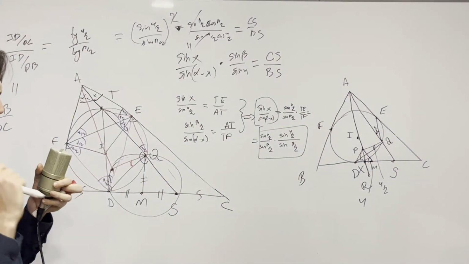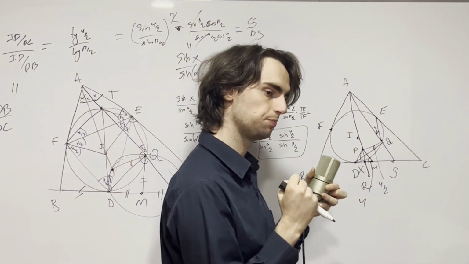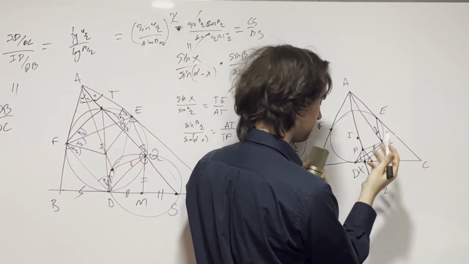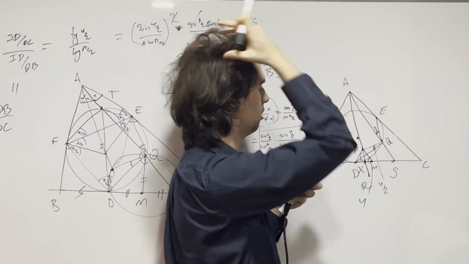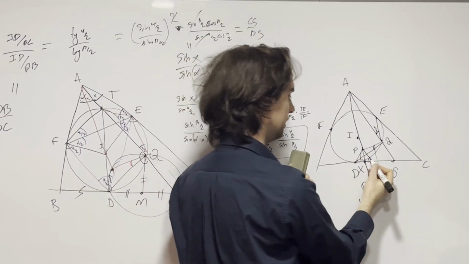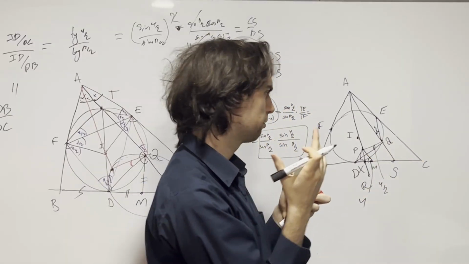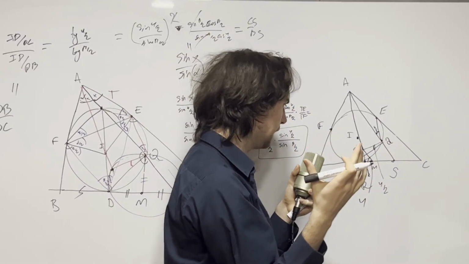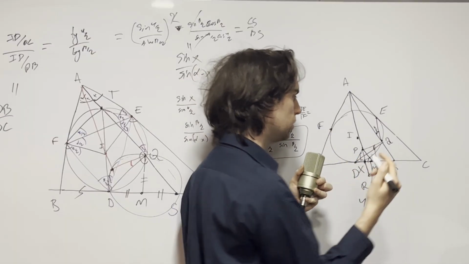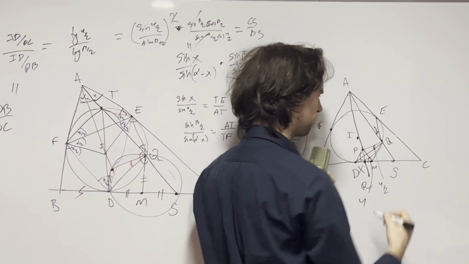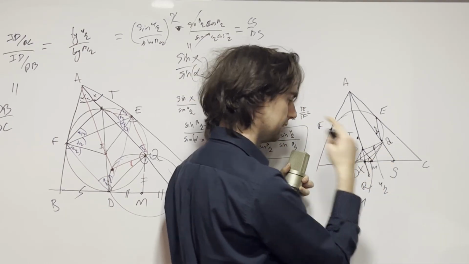Because here's, let's pause and think for a second. What gives us more things? P defined like this, just an intersection of AI and this circle, about which we don't know super much. We know these are tangents, but do we have the angle with DQ?